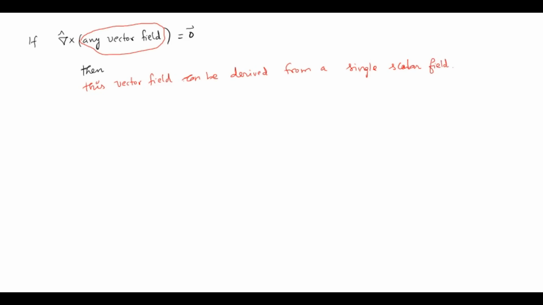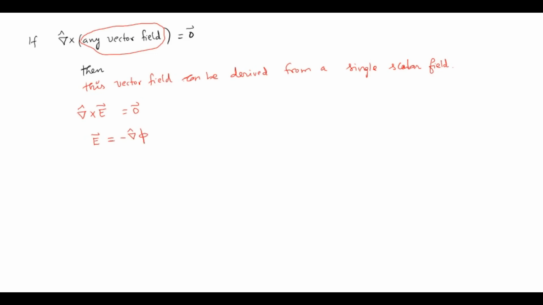So this is a very important thing. So if the curl of E vector is equal to the null vector, then E vector can be derived from minus gradient of phi.